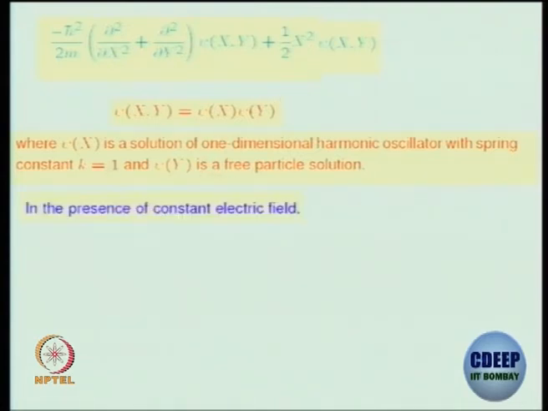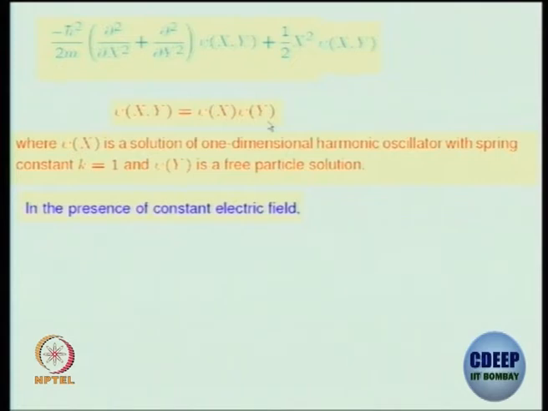So when you write the wave function, suppose I want to write the ground state wave function: ground state in the capital X coordinate and a free particle with some momentum in the capital Y coordinate. How will you write this wave function solution, someone?